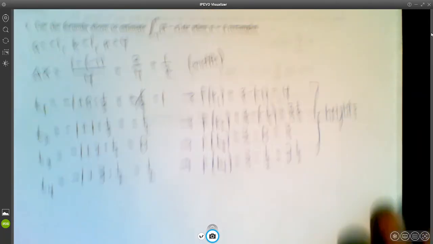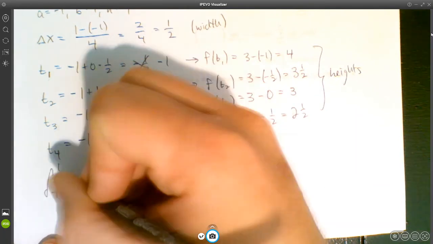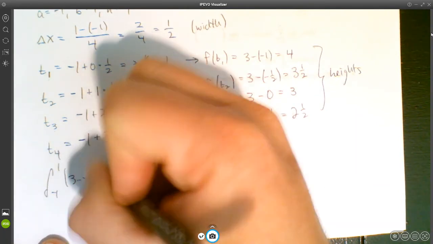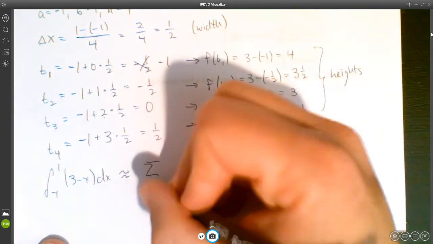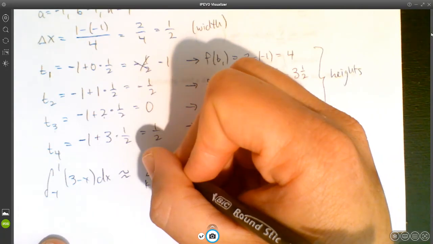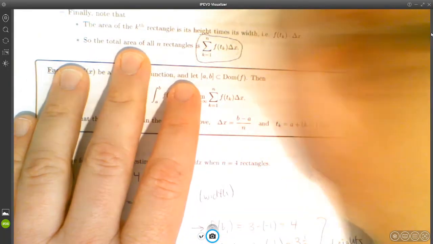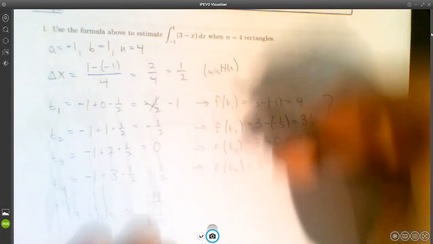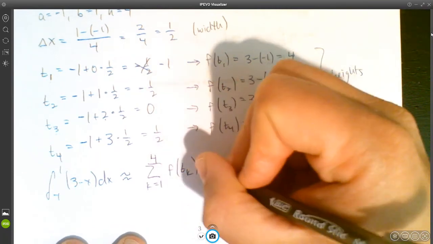So the area, right? So the integral from negative 1 to 1 of (3 minus x) dx is approximately the sum from k equals 1 to n, I'm using this formula right here. n is 4 because we're using 4 rectangles, of f of tk delta x.